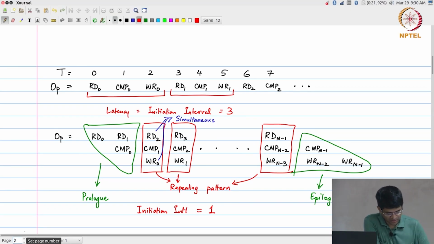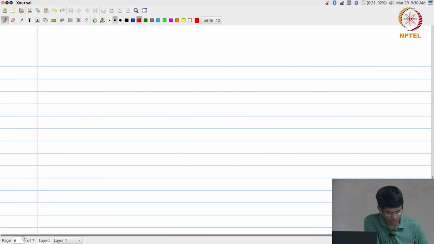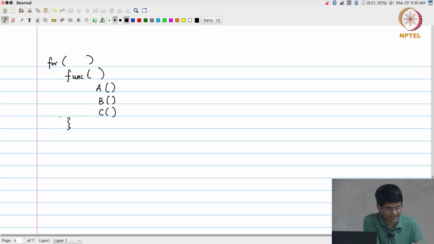Okay. What can of course be done going further from this is to say, let us say that you actually had a code, right, some function where I had multiple sub function calls, and let us say that this was being repeatedly called inside a for loop. There are dependencies over here.